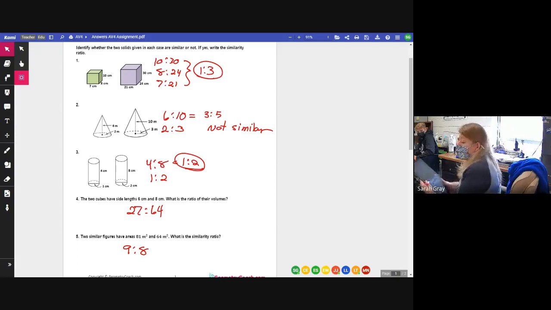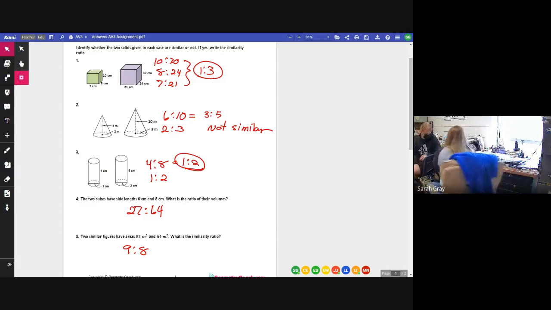So you could use similar triangles. This line, these two, how would we do that?